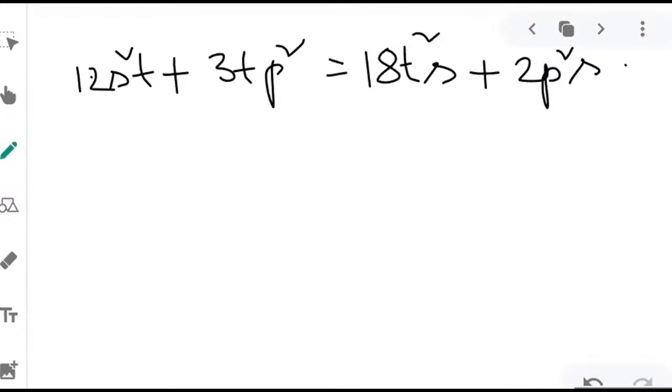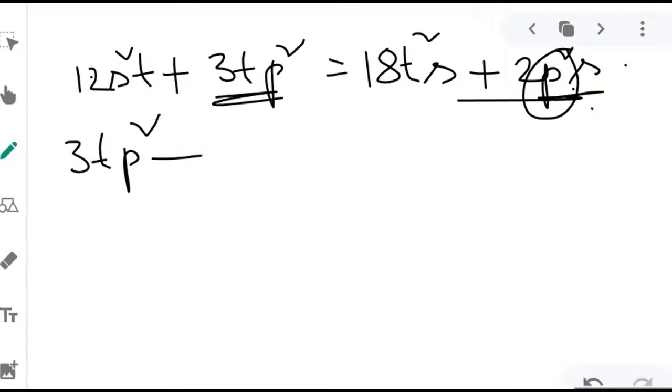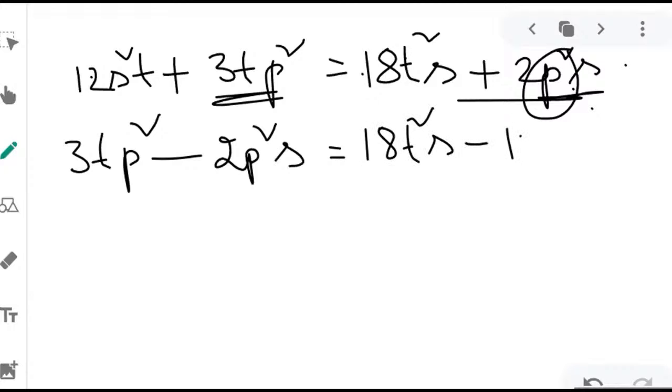Okay, I need to get p square in terms of s and t. So I'll bring the p square to one side. 3t p square minus 2p square s is equal to 18t square s minus 12 s square t.